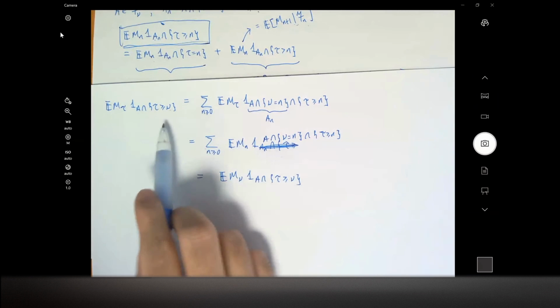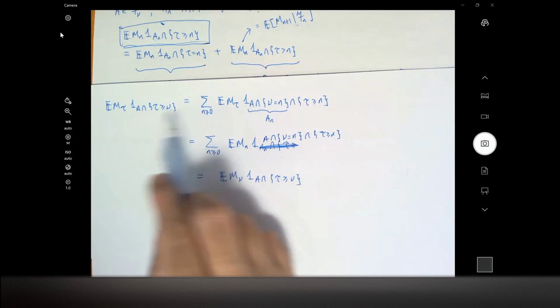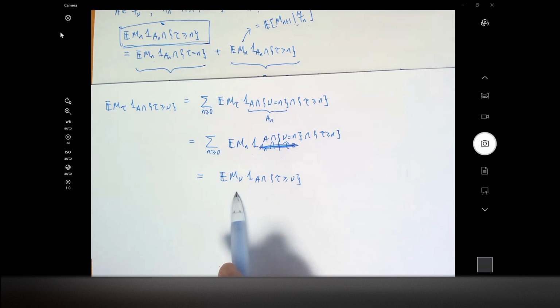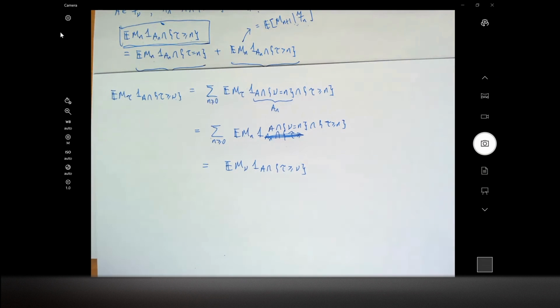So it's the same as this guy, just reversing from here back to here, but now with the nu. And this is what we want to prove.